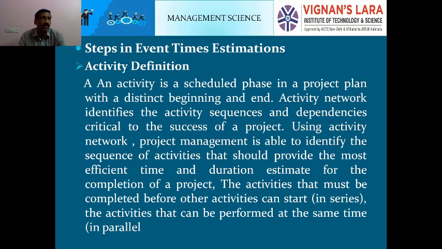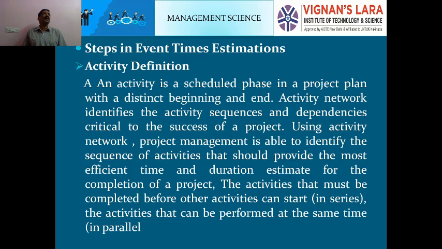The activity's nature, purpose, effect and efficiency must be clearly defined before preparing an event time estimations table. Correct scheduling of the activity focuses on correct event time estimations. Otherwise, you are not able to get correct event time estimations.